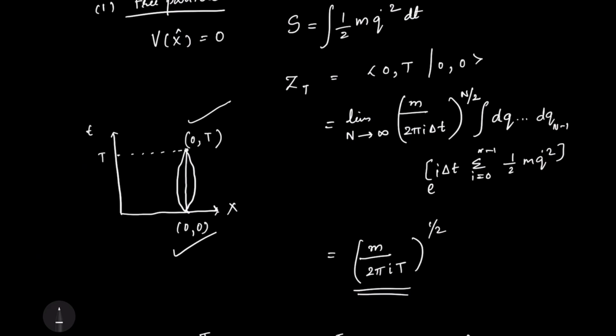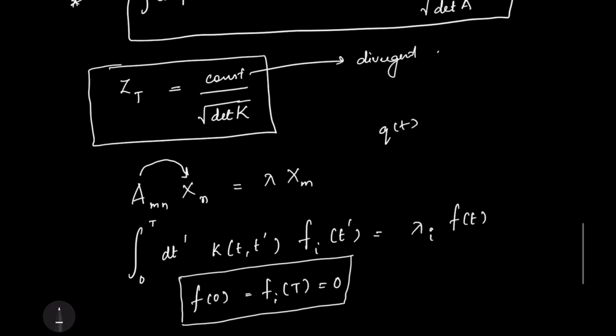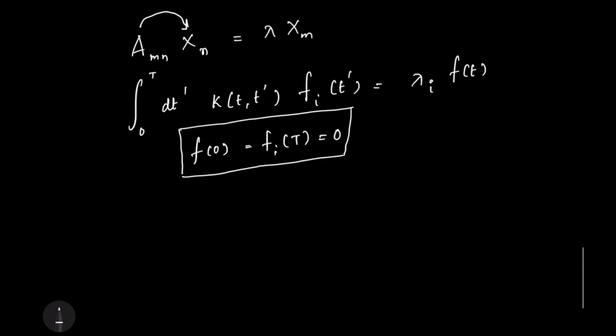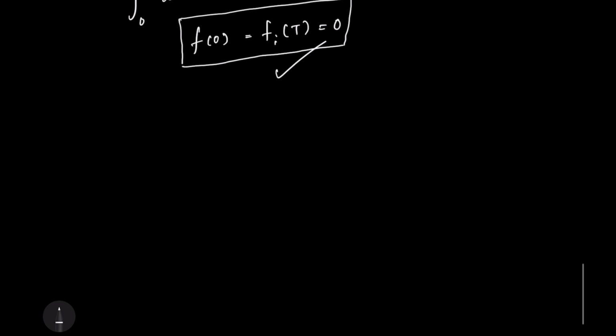Therefore, I can write the boundary condition f of 0 equals f of T equals 0. It is an easy calculation and you can do it by yourself, because the path integral is from 0 to 0.